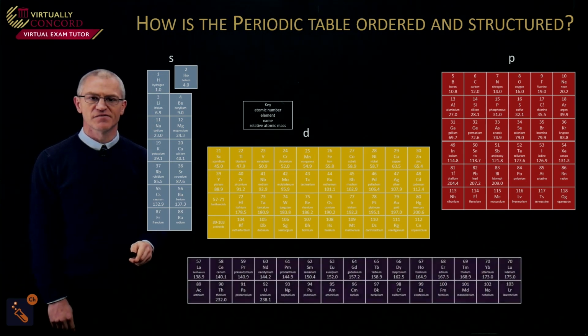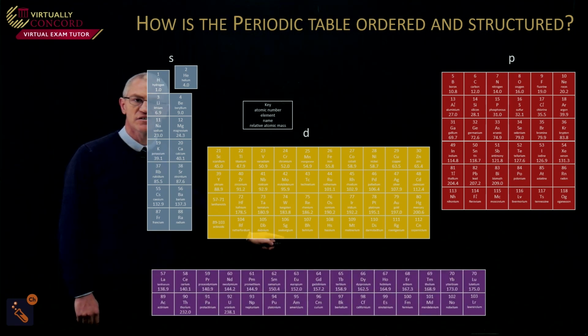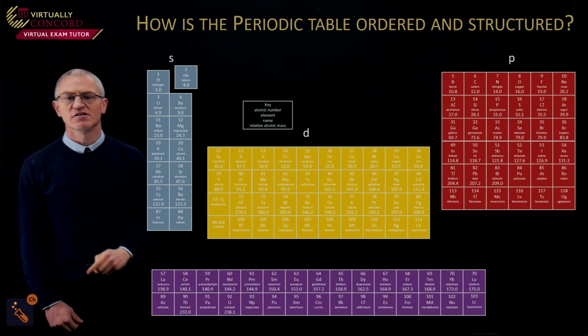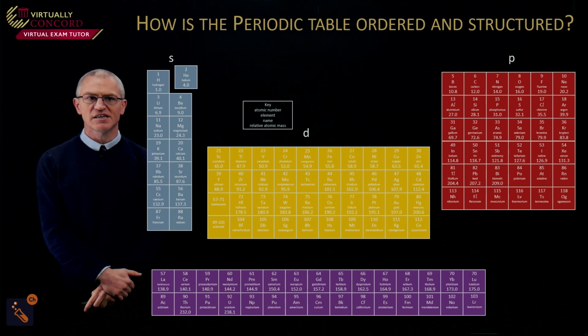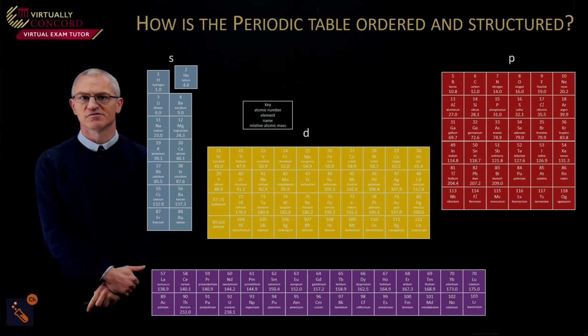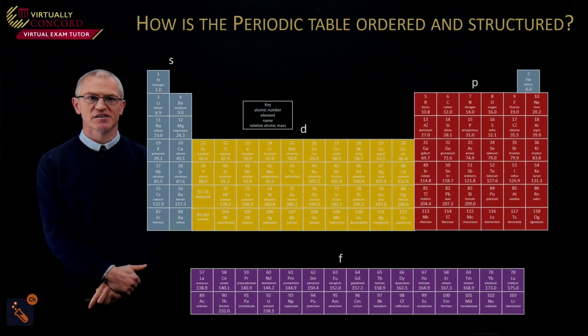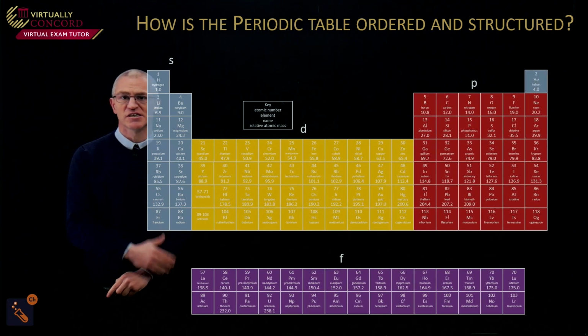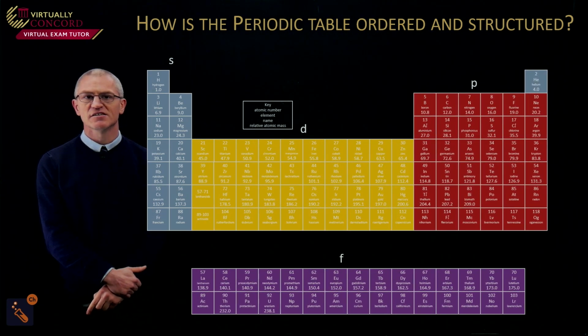Okay, and then the F, which has 14 boxes, so we're adding 14 electrons as we go across. Okay, and so the periodic table is made of these different subshells, and the subshells are part of the shells. Okay, and then you can just put the periodic table back together again. I'm going to keep it in these colours to make it obvious about the S, the P, the D, and the F subshells.